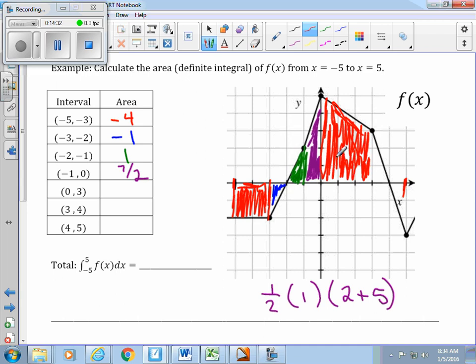The height of that is 3 units, and then we have bases of 5 and 3, so we have 1/2 times 3 times 5 plus 3, which is 8. 8 divided by 2 is 4. 4 times 3 is 12. Still positive. Would we agree with that?